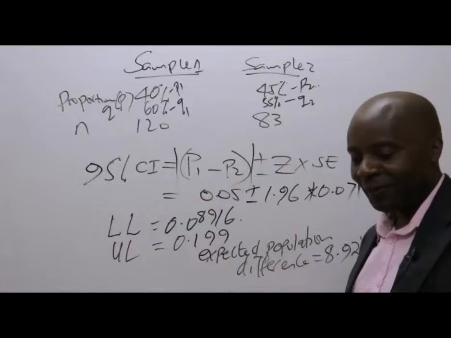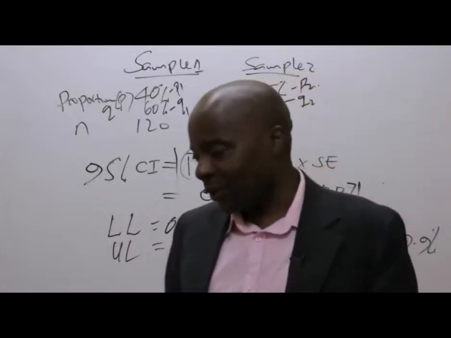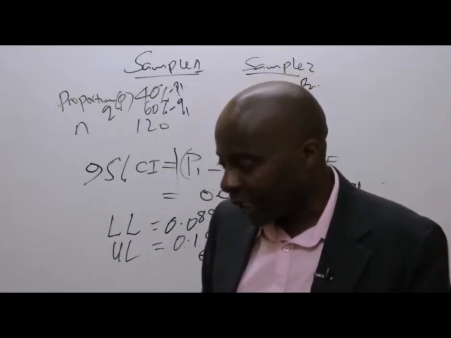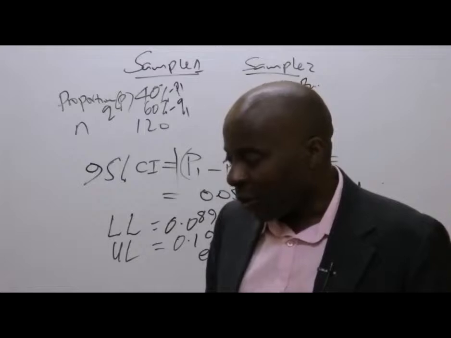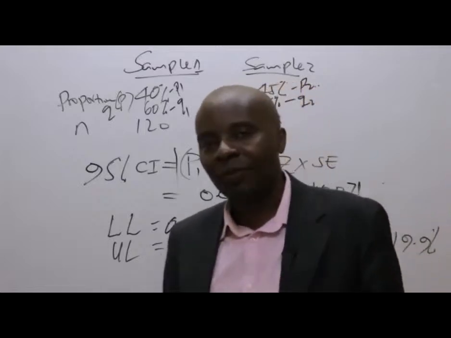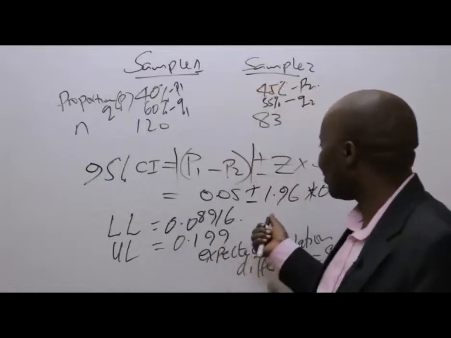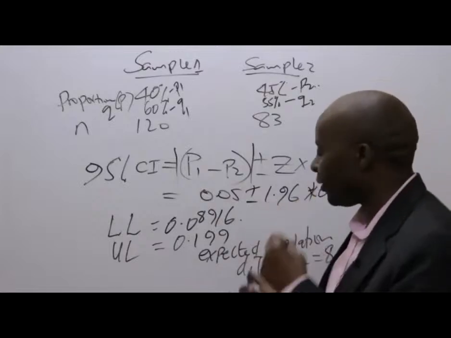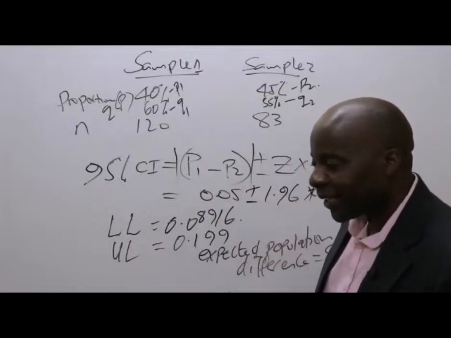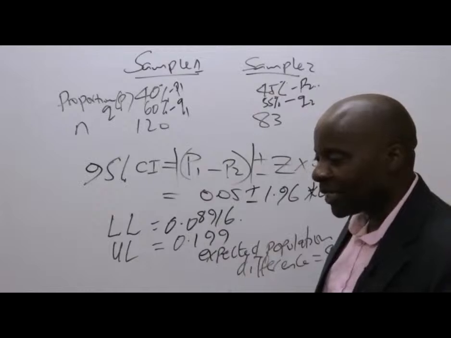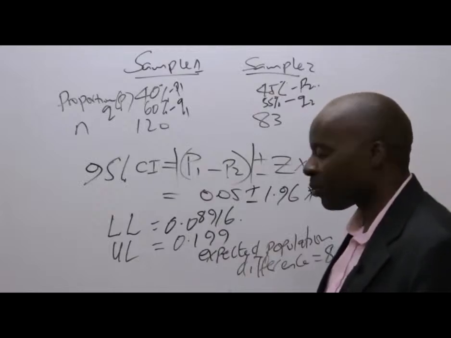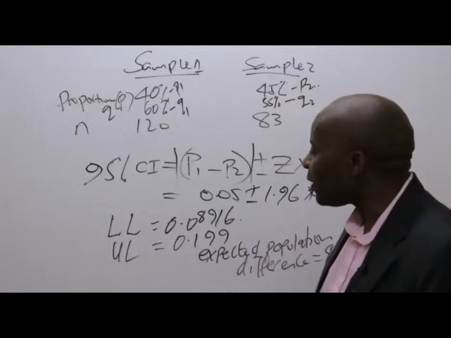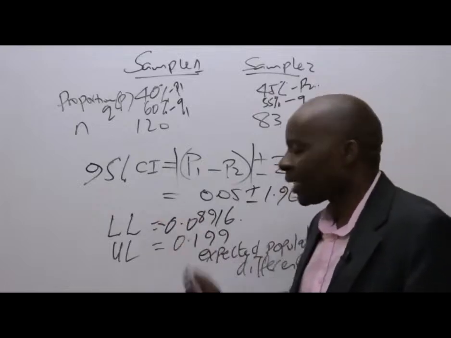Now, ladies and gentlemen, write again another title. We are still talking of, no, in the limits, we don't ignore the negative. In the limits, if, for example, the lower limit here is negative, 0.05 minus 1.96 times 0.071, if it's negative, in the limit, you have to state negative.